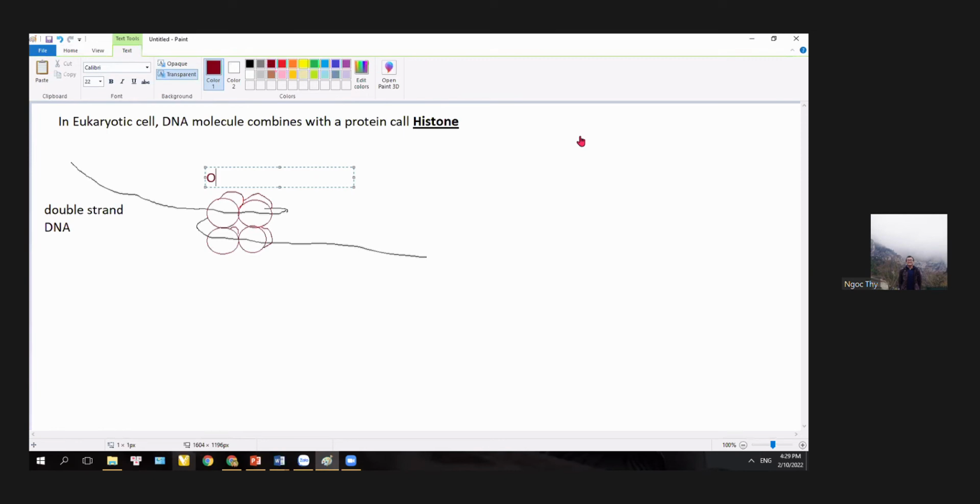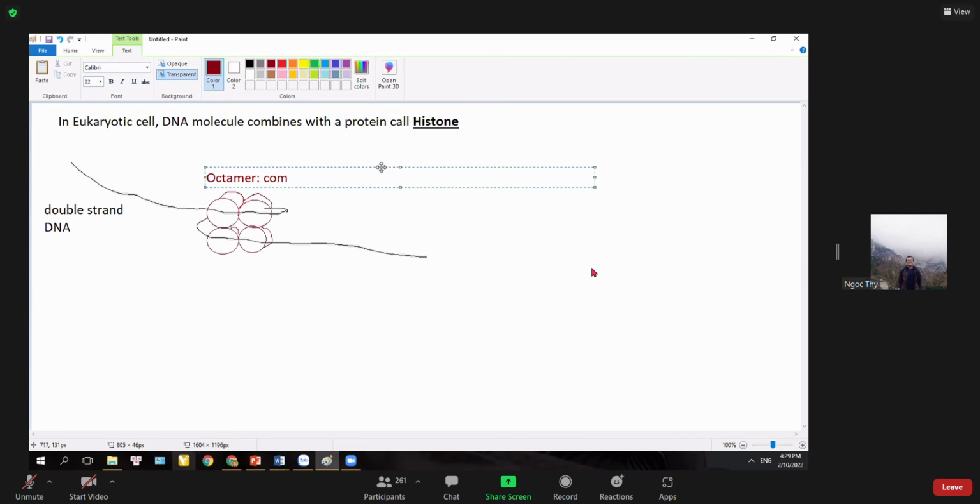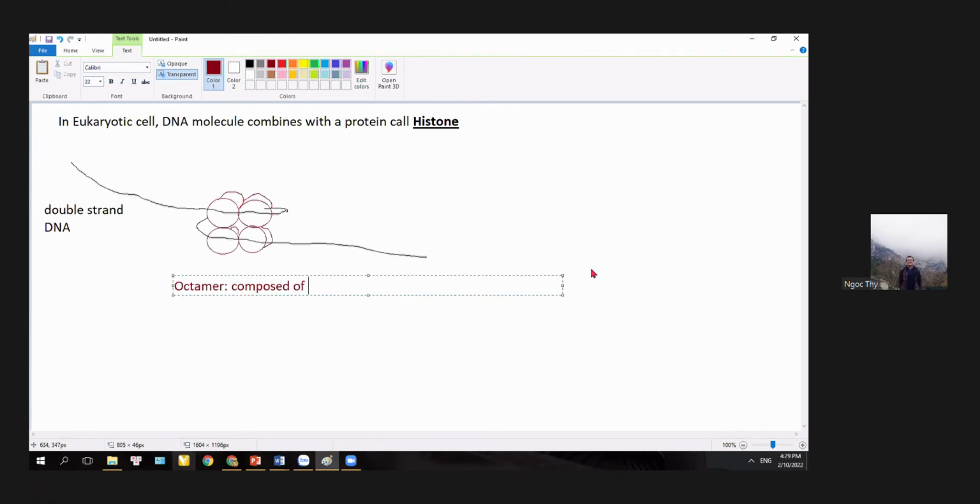So this is called the octamer, which is composed of 8 subunits of histone protein.